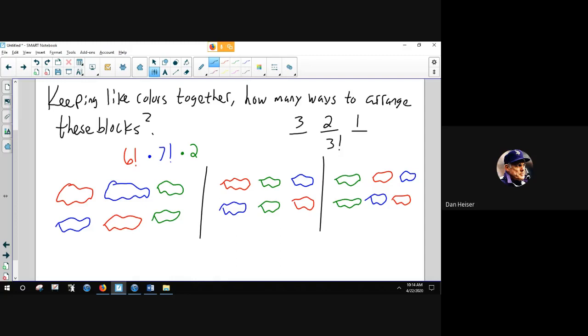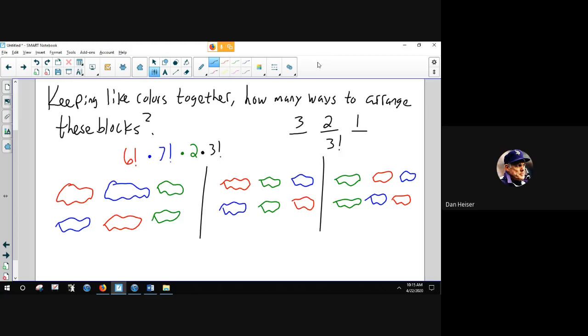We have 3 groups, so 3 choices for the group that goes first, 2 choices for the group that goes second, and then for the last group, there's 1 choice. So not only do we need to shuffle within each color, so shuffle the 6 red blocks within that group, shuffle the 7 blues within that group, shuffle the 2 greens, we need to shuffle the groups as well.